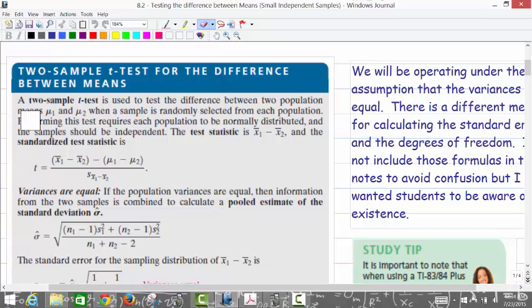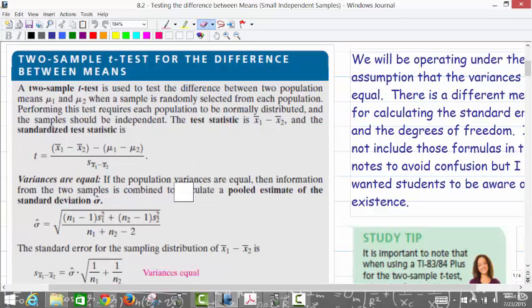Now look at the formula, very similar. It's the x1 bar minus the x2 bar. Now, one thing I'll do here, I'll make a note of this now, like in the last section, where I have this crossed out. That doesn't look very good without using a stylus. And I'll try to put a little zero there.